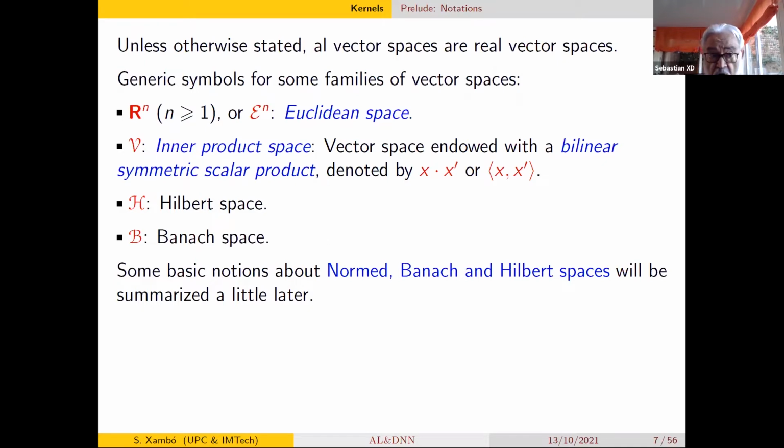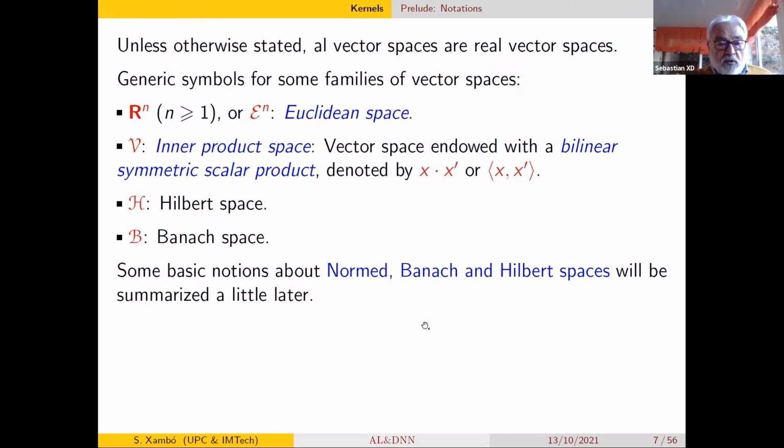One is R^n, Euclidean space. As a matter of fact, this is a little bit more than a Euclidean space. It's a Euclidean space in which there is a distinguished orthonormal basis, which usually is called the standard basis. If you do not single out a special basis, then a more convenient notation would be E^n.